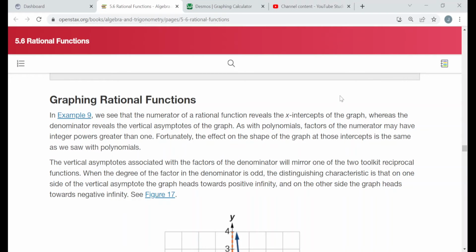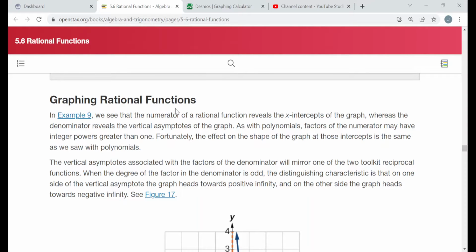Alright, so every example I'm going to be doing in this video is taken directly from a free online textbook at openstax.org. I'm in their Algebra and Trigonometry text, section 5.6, called Rational Functions, under the heading Graphing Rational Functions.